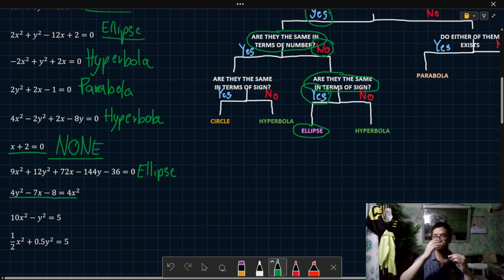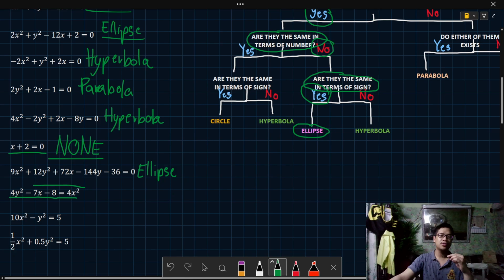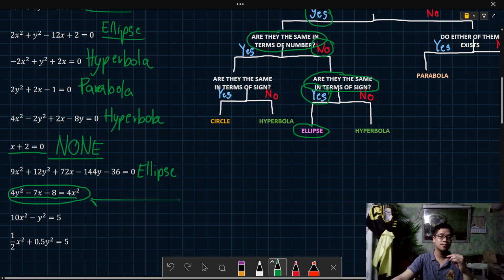Let me give you a moment to answer this problem. What do you think is the conic section for this equation? What conic section is this?